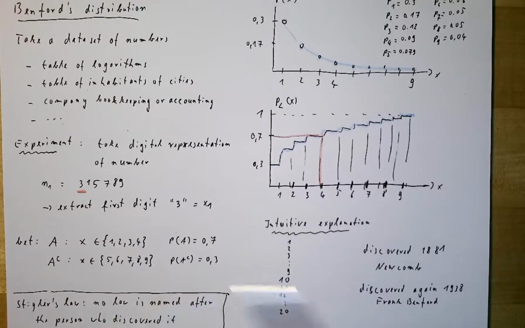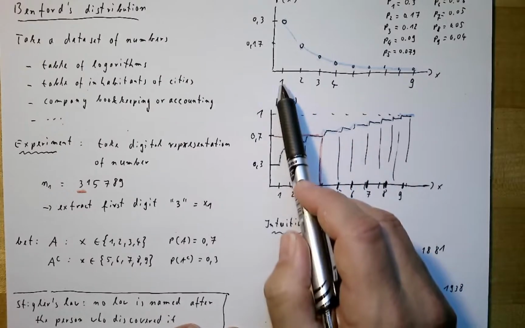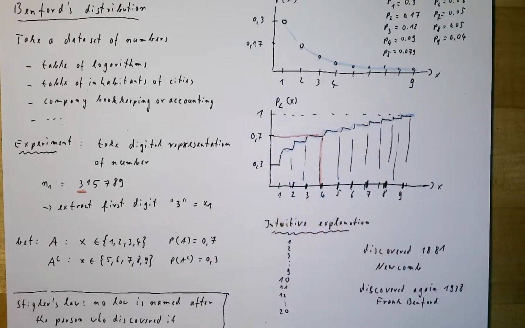He saw that numbers which start with a small digit were looked up much more often than others, and that's how it was found. But then, funnily, this knowledge was forgotten and discovered again maybe 50 years later by Frank Benford, and now this law is called Benford's law or the Benford distribution.